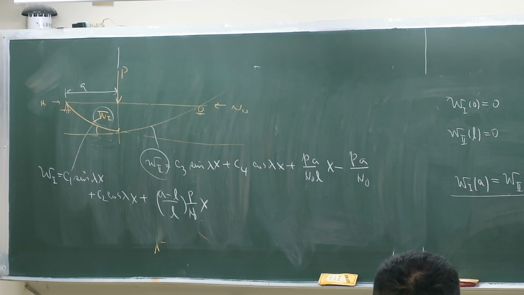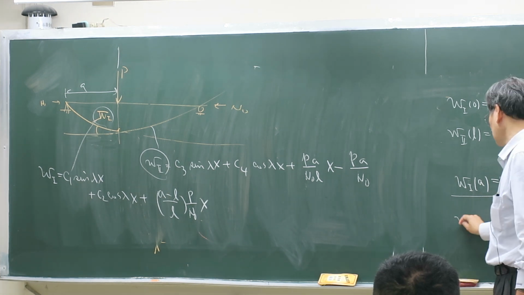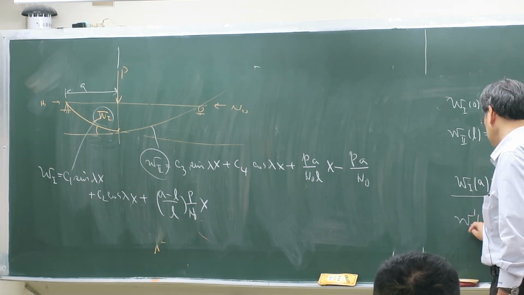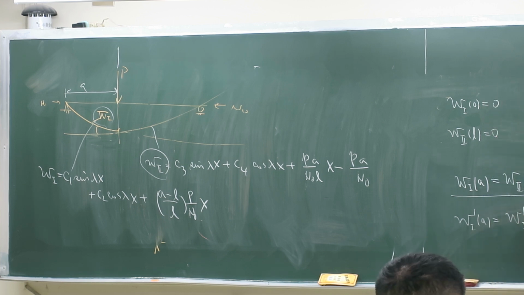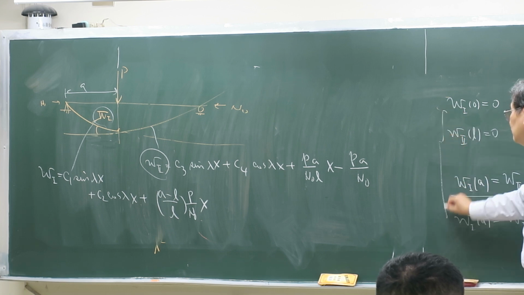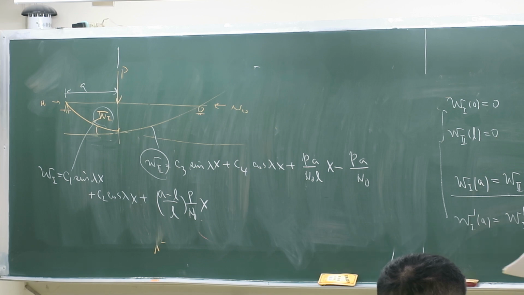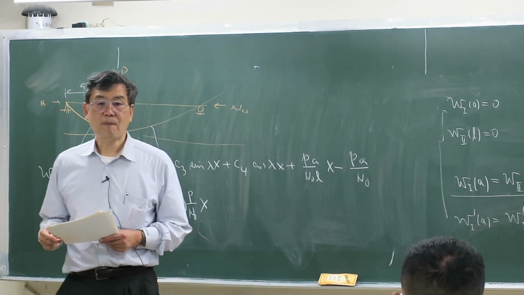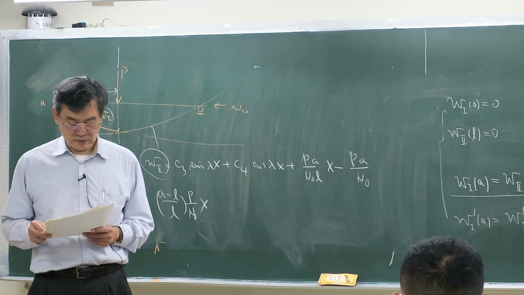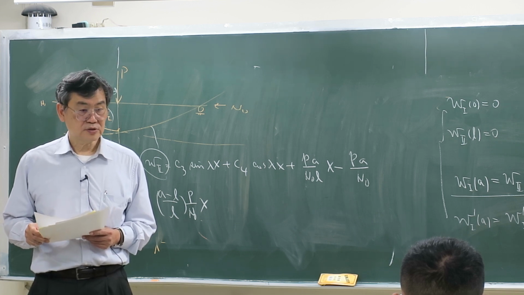So we assume the slope of W1 at A should be the same as the slope of equation 2 at A. So you have 4 conditions. Then you can solve for C1, C2, C3, C4. Okay? To solve these 4 equations.